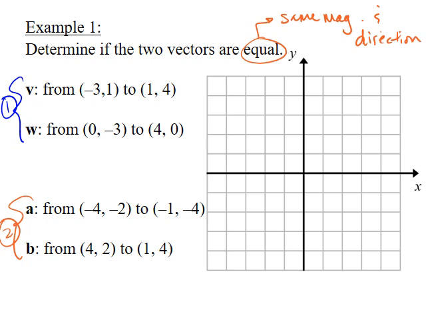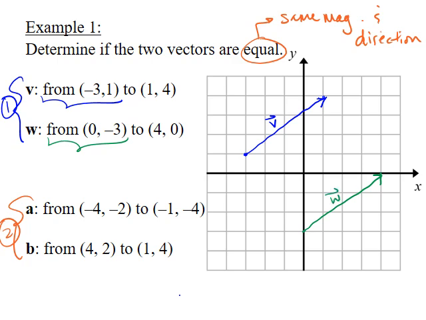Let's go ahead and graph vector V. Vector V goes from negative 3, 1, that's here, to 1, 4, that means the vector starts here and ends here. So this is vector V. Then vector W is from 0, negative 3, which is here, to 4, 0, which is here. So this vector is W.